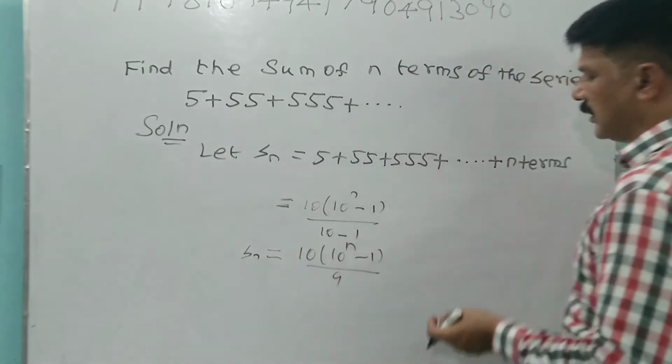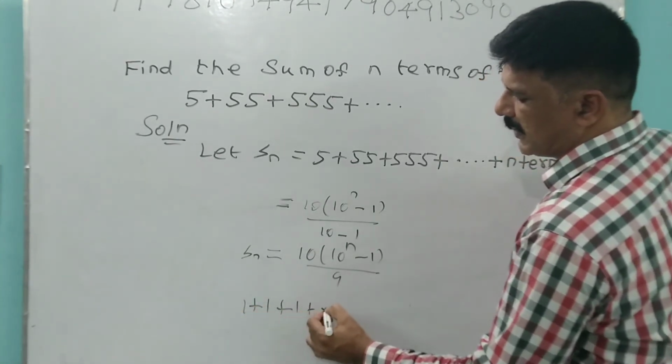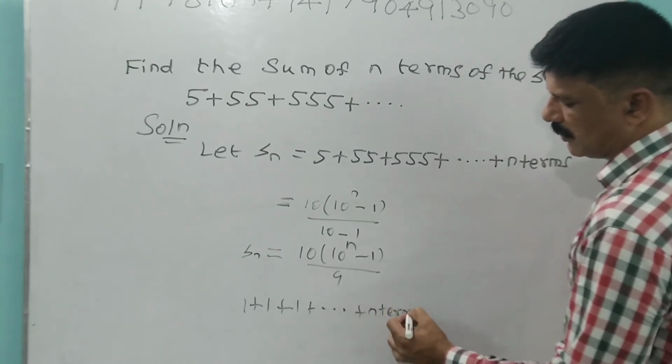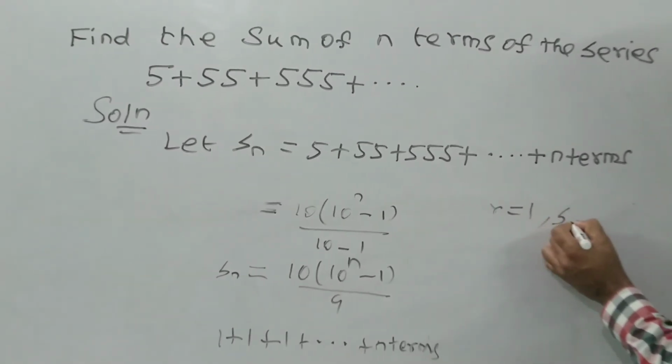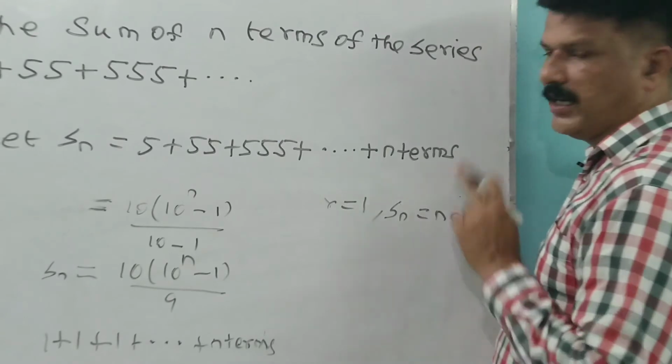Next, the sum of the second series, 1 plus 1 plus 1 plus etc., up to n terms. Already we know if R equals 1, Sn equals nA. Here n is n, A is 1.